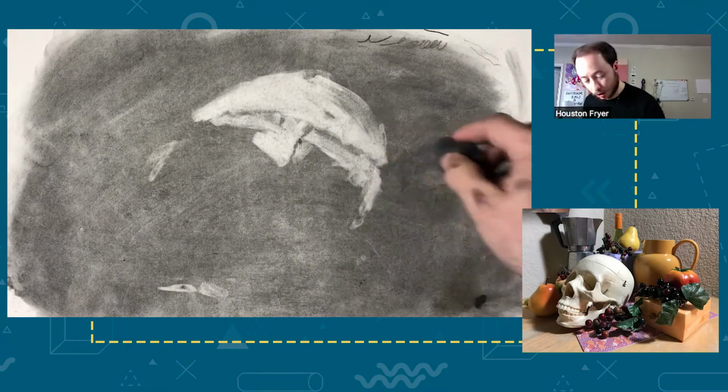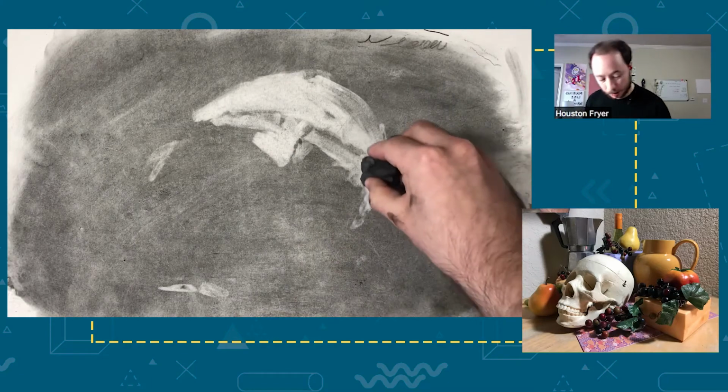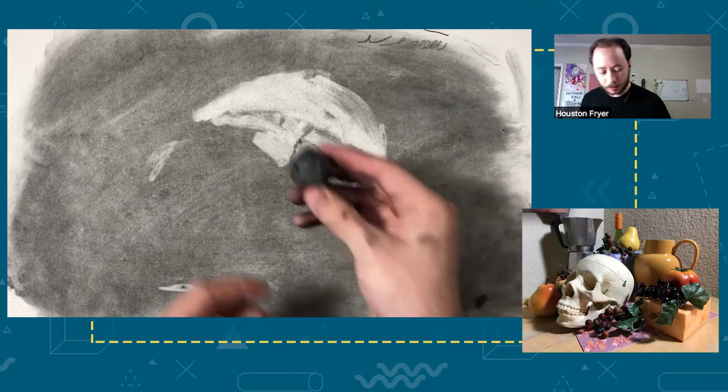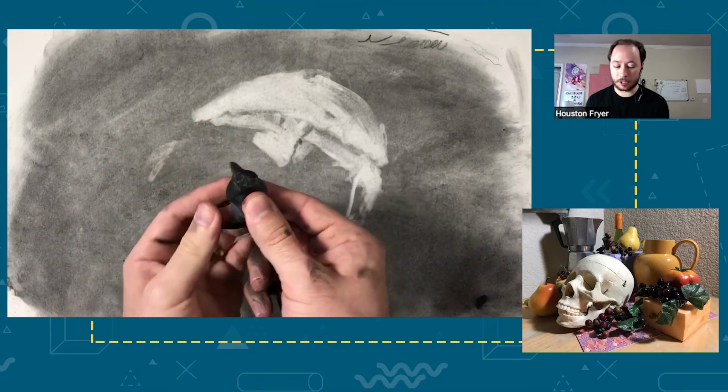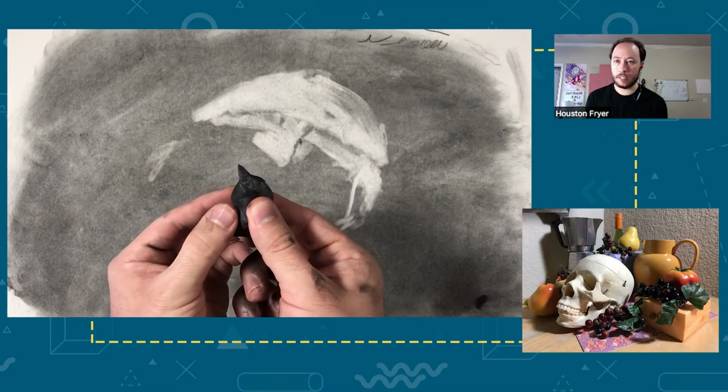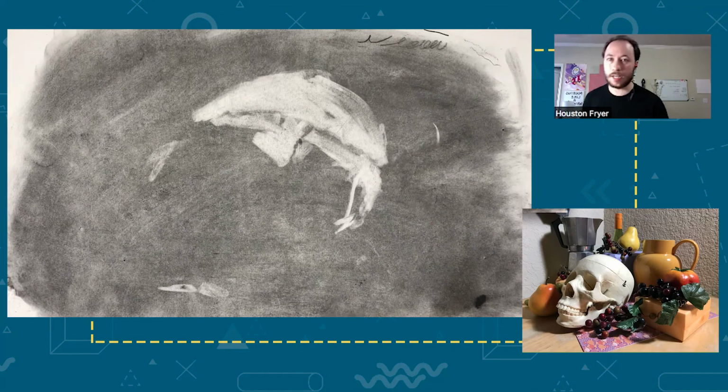There's a dark shadow around the back of the skull that goes like that. So I can pinch this and make it like a bladed thing and then apply a really thin line. That's what I'm doing to get this shadow over here. I start with the lightest lights and erasing into them before I do my darkest darks.